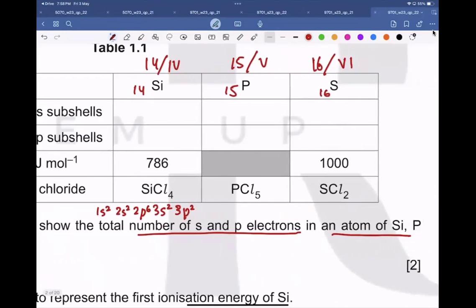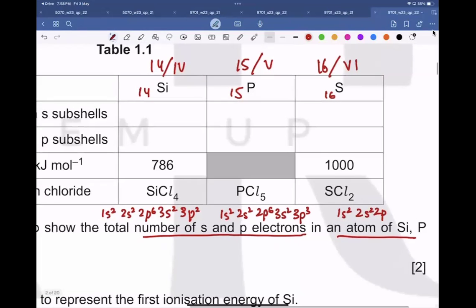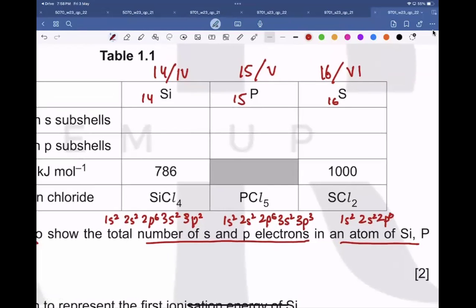For phosphorus, it is 1s2, 2s2, 2p6, 3s2, 3p3. For sulfur, 1s2, 2s2, 2p6, 3s2, 3p4.